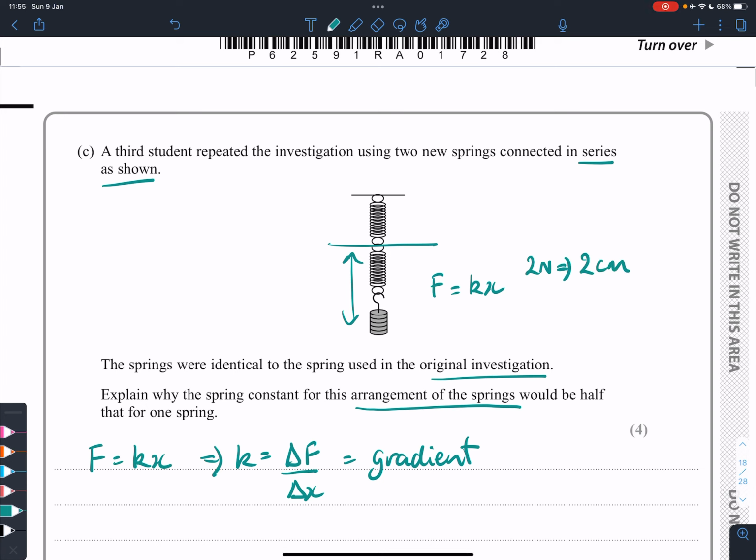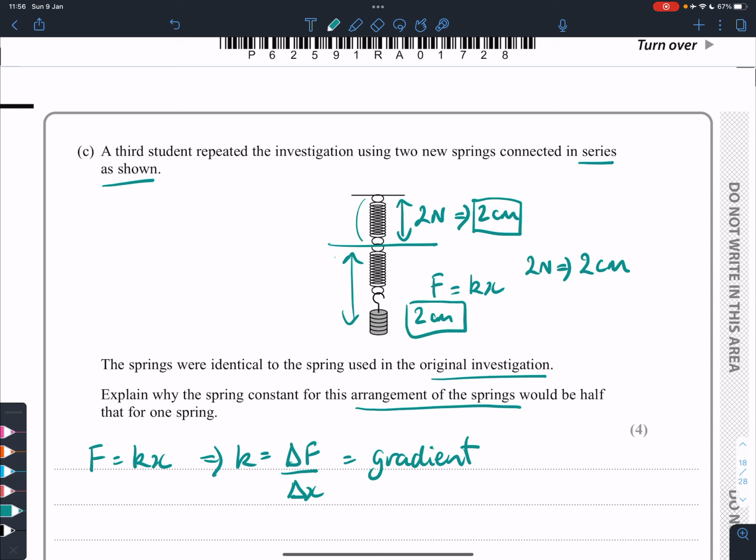But this spring is the same. So a load of 2 newtons would also give you an extension of 2 centimeters on this bit. So this whole thing would give you an extension of 2 centimeters, and this whole thing would also give you an extension of 2 centimeters.